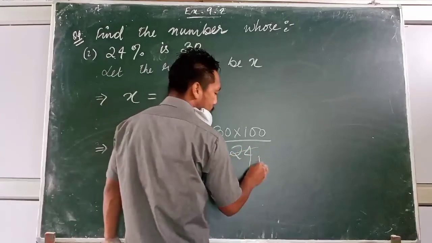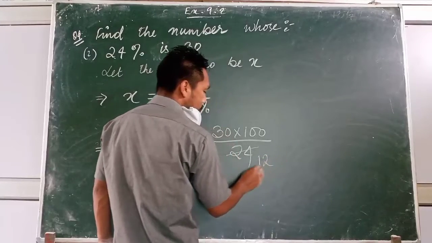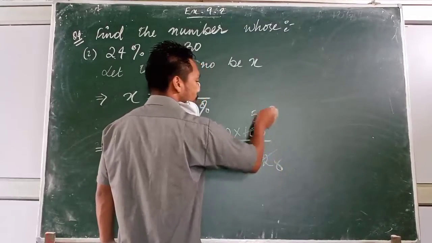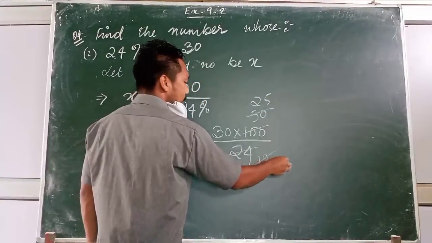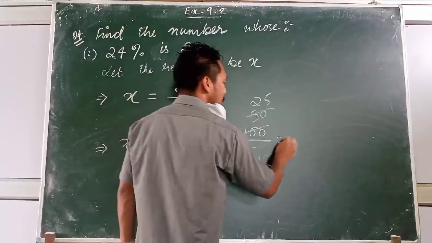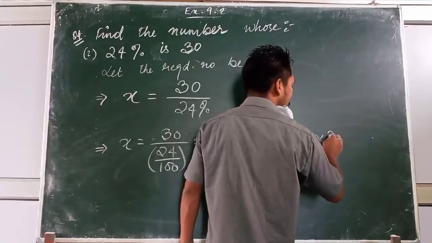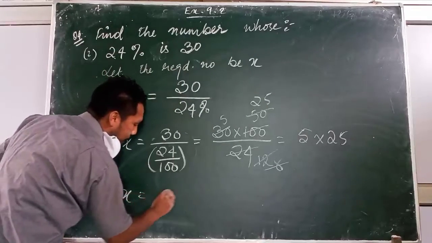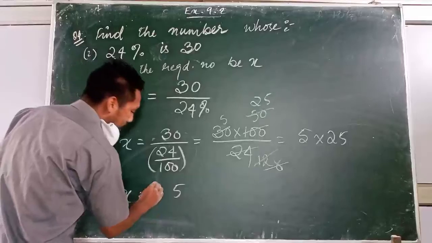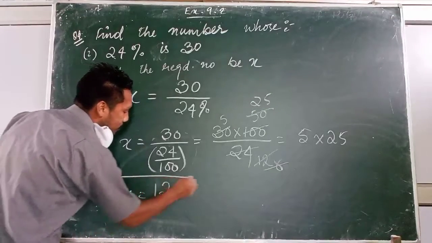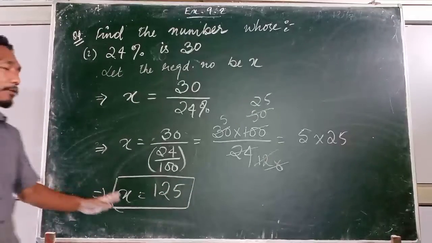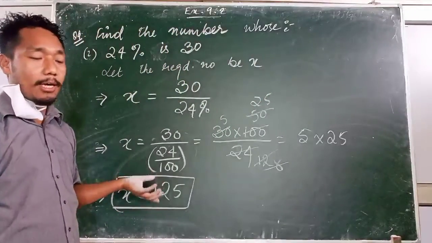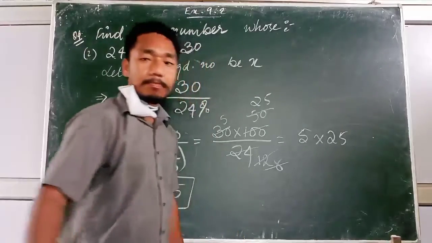Then 2 1s are 2, 2 2s are 4, 2 50s are 100, 2 6s are 12, 2 25s are 50, 6 5s are 30. So your answer is 5 into 25. If you multiply this, 5 5s are 25, 5 2s are 10. That means the required number x is 125. Before it was in percentage, but here we are asked to find out the number.